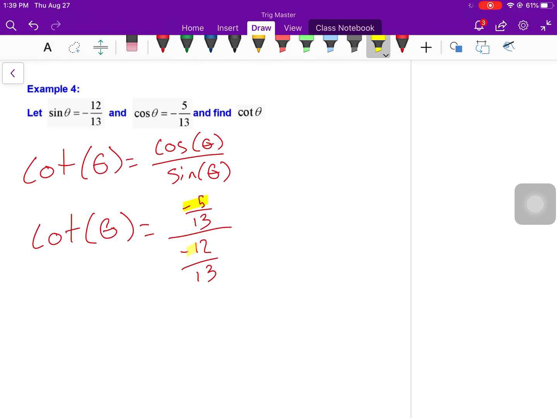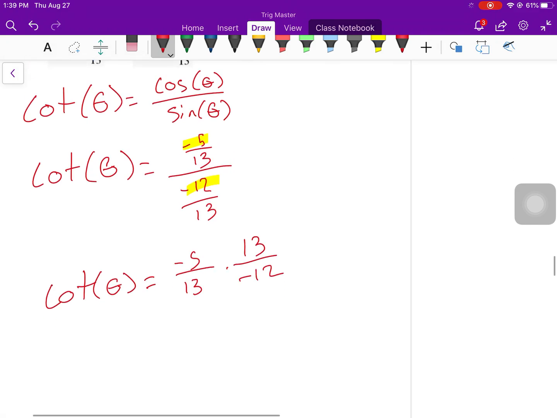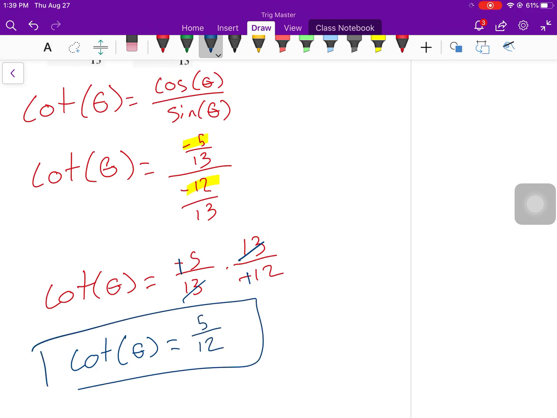I'm going to keep the negatives with their respective numerators as I move these things around. So I've got negative 5 over 13 times 13 over negative 12. 13's cancel, the negatives cancel, and I'm left with cotangent of theta equals 5 over 12.